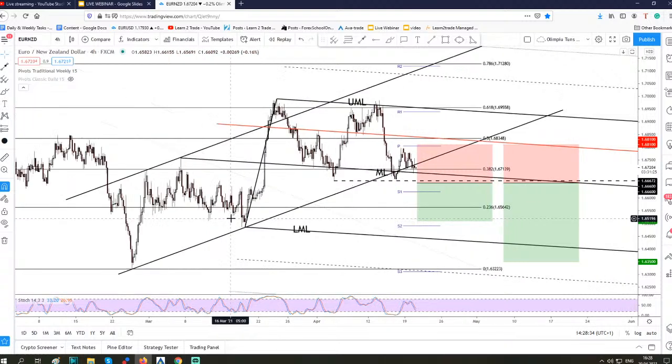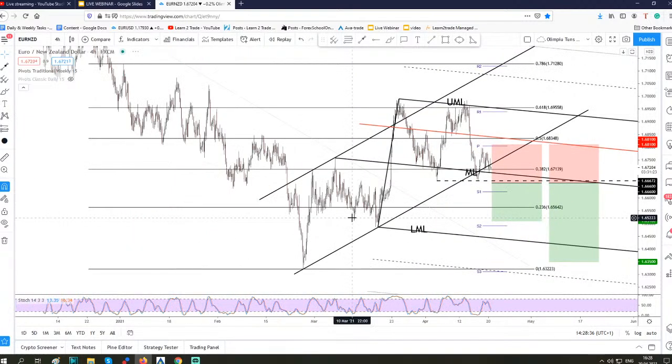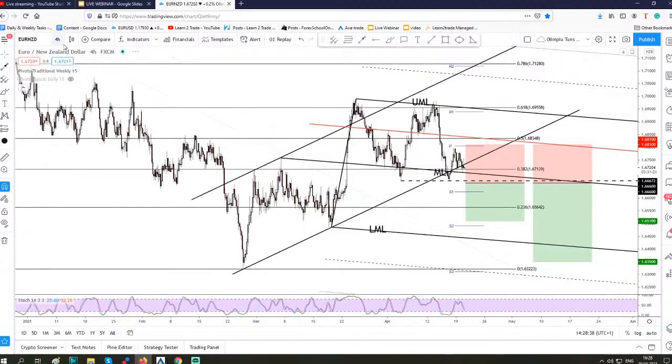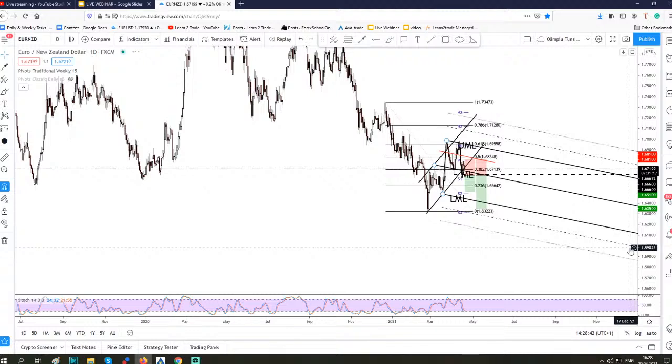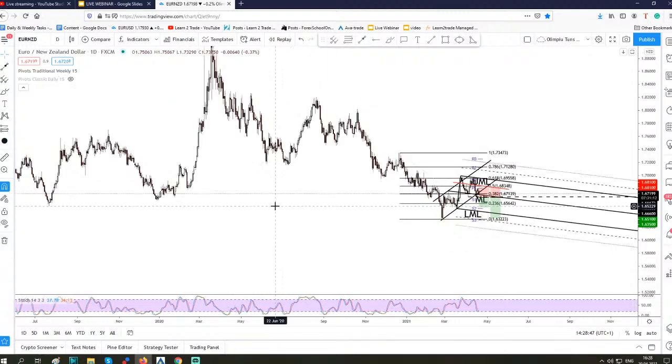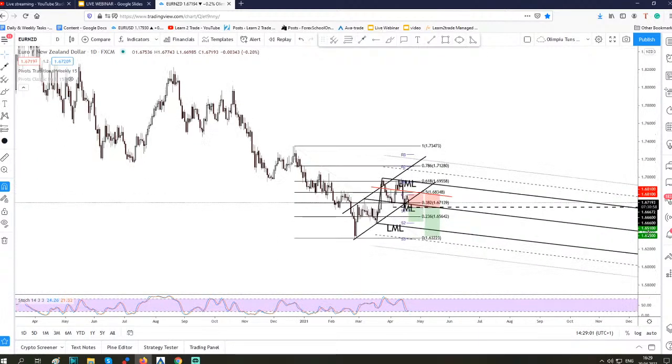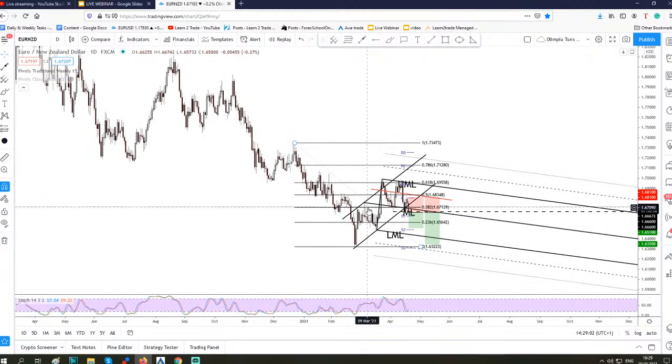This is only for you, and you can open this trade here with me. So personally, let's take a look here on the daily chart. Here we have a downtrend on the euro versus the New Zealand dollar, and we had only a temporary rebound. Now, as you can see here, the price is almost to get out.